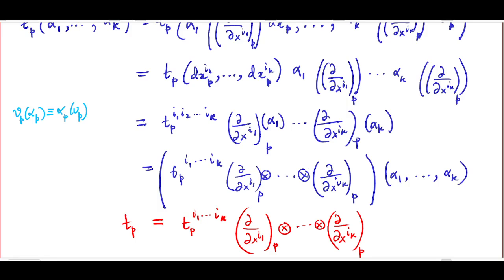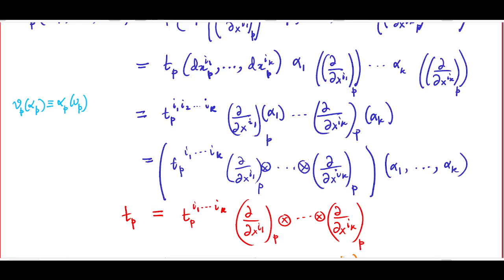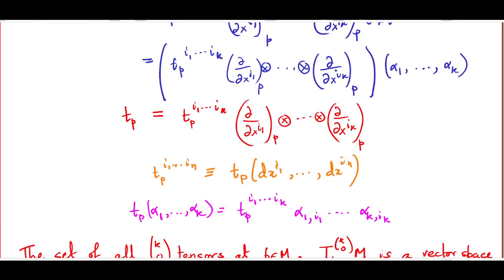Here, Tp with the superscripts i1, i2, ik are nothing but Tp acting on dxi1 at p through dxik at p. Another way of writing the action of Tp on alpha 1 through alpha k is simply writing it in terms of the components of both the tensor Tp and the components of alpha 1 through alpha k.